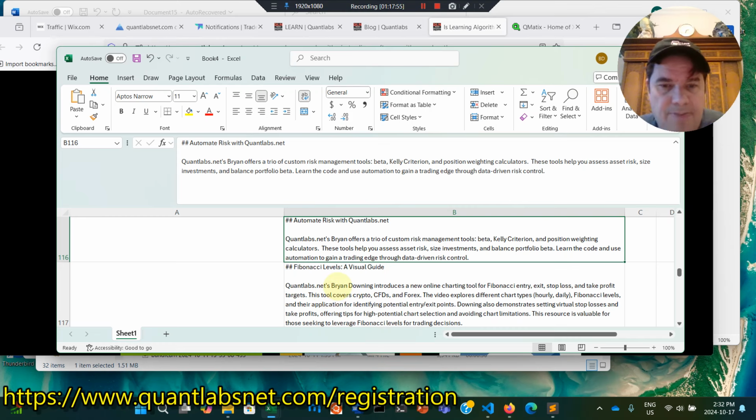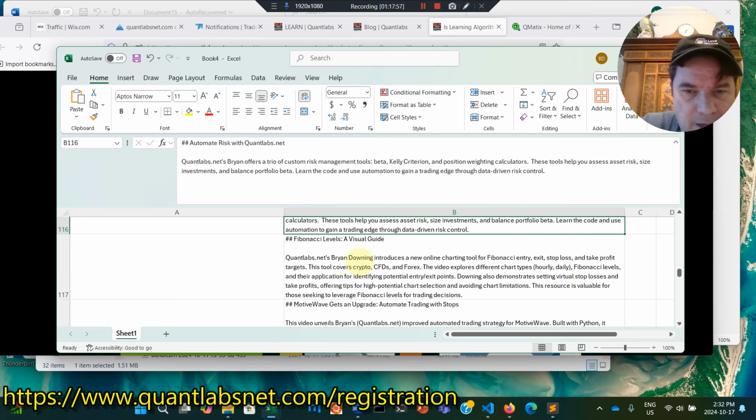Another one that's popular is Fibonacci, using a visual guide. This is coming out of the retail Forex world, and CFD and the like. A lot of people spend a lot of time on Fibonacci, analyzing entry, exit, stop loss, take profit. Covers, as I said, CFD, crypto, and Forex.